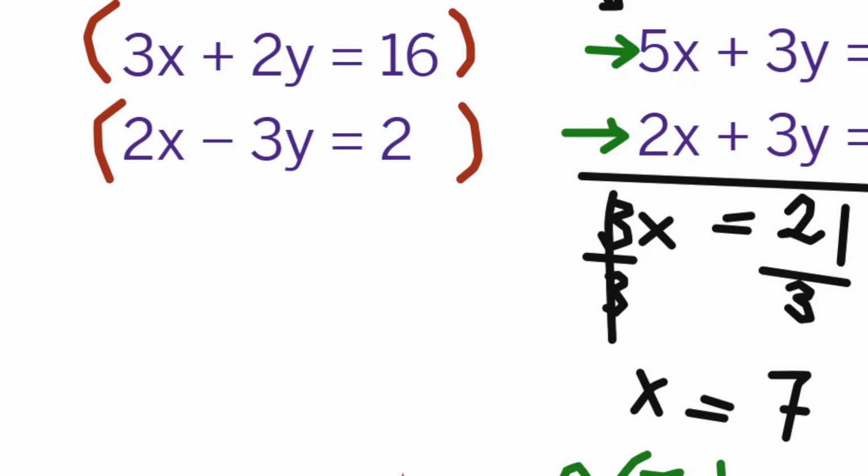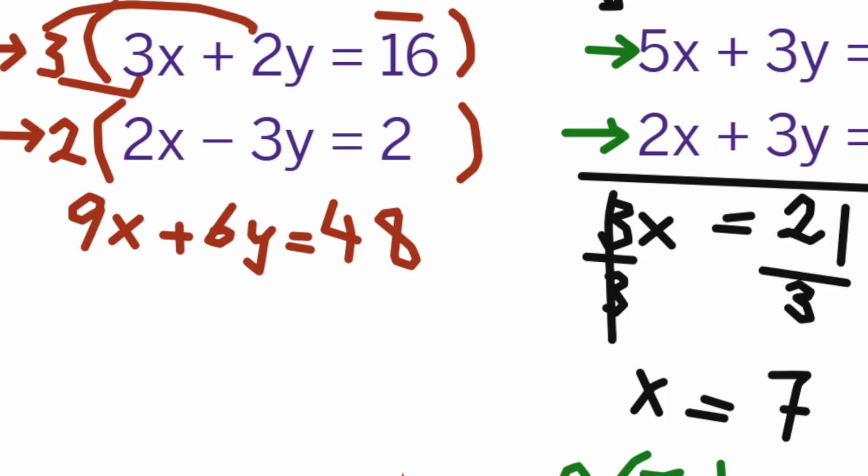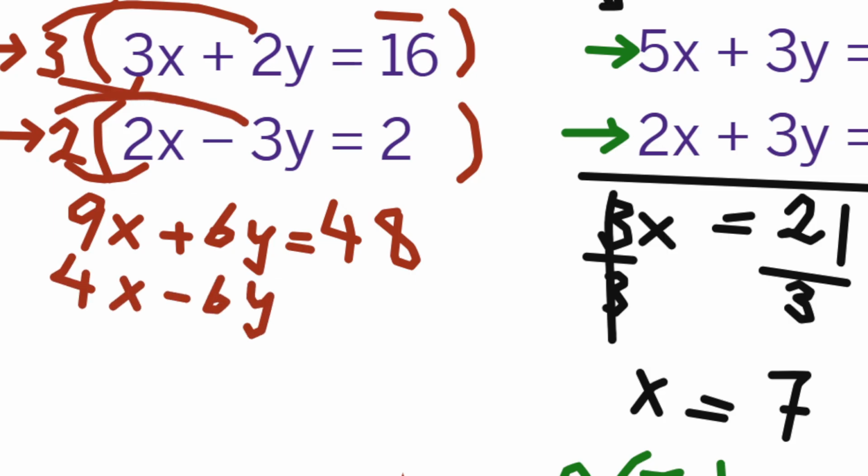So are you ready? Let's do it. The first equation becomes 3 times 3x is 9x. 3 times 2y is 6y. 3 times 16, do not forget, is 48. Now for this equation, 2 times 2 is 4x. 2 times 3 is minus 6y.